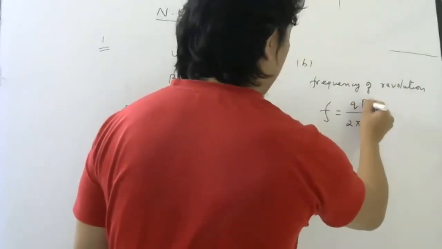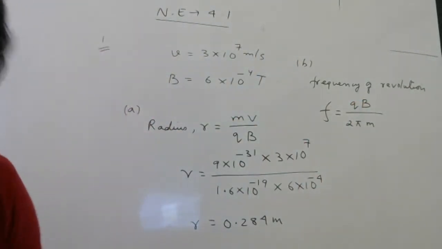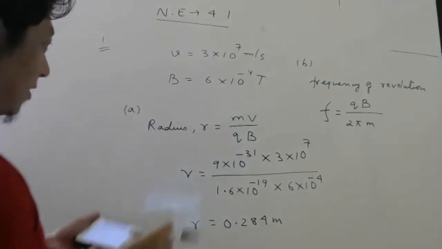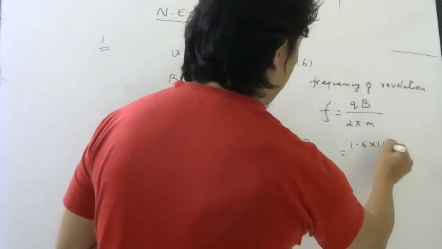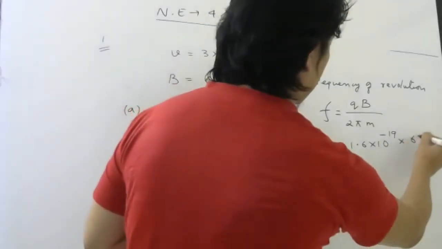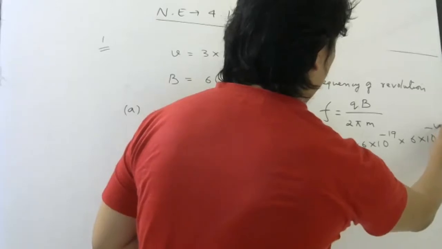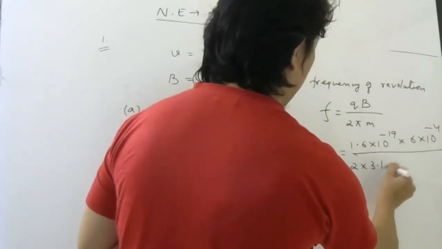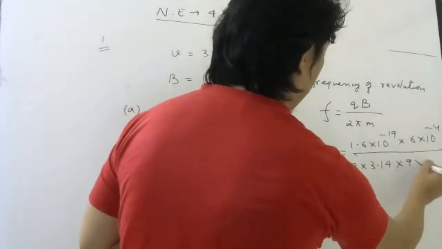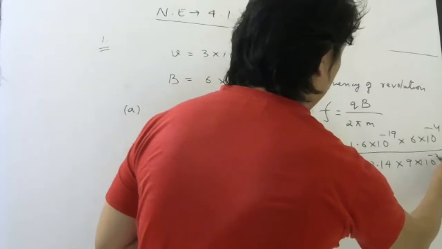So qB will go in the numerator. Okay, so again substitute the value: 1.6 into 10 power minus 19, magnetic field is 6 into 10 power minus 4 Tesla, pi value is 3.14, mass is 9 into 10 power minus 31.